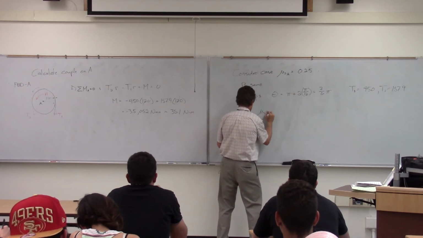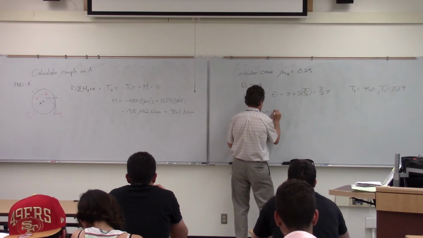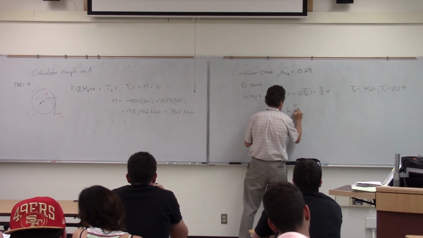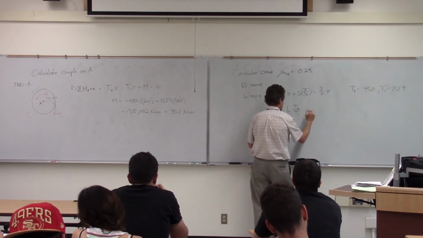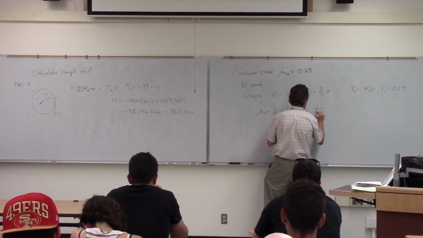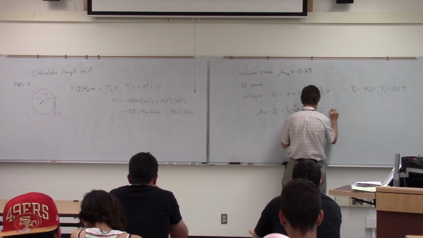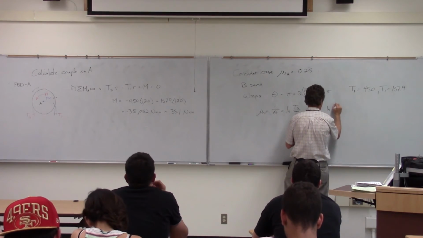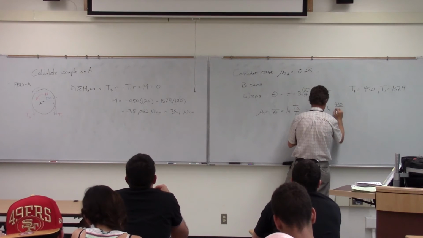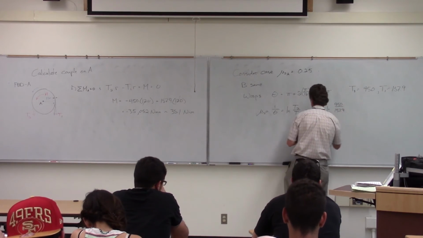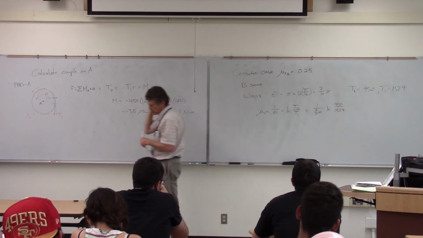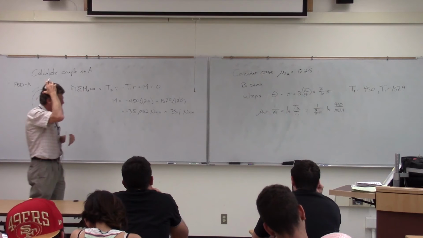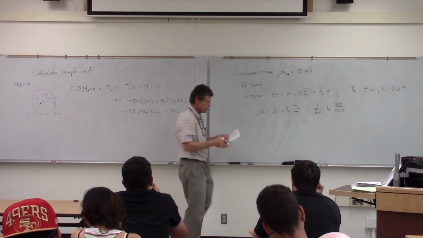So we'll do mu of s for our A. I know my coefficient of friction is going to be 0.25 on that. So one of the ways I can check is to see whether that coefficient of friction is met or not.